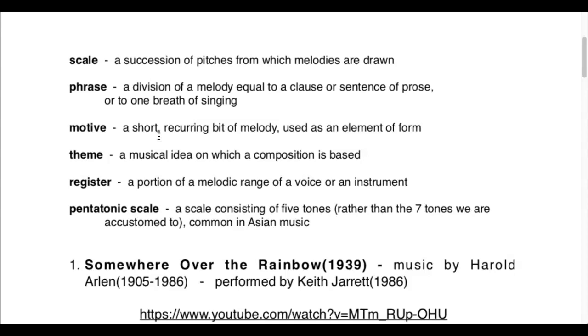These bits of melodies, these motives, have the same rhythm and the same melodic contour, the way the notes go up and down. Not exactly the same, but almost exactly the same.